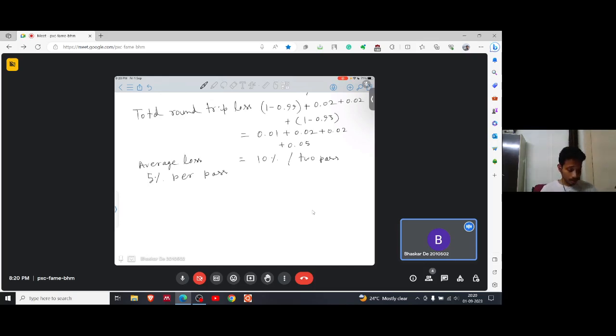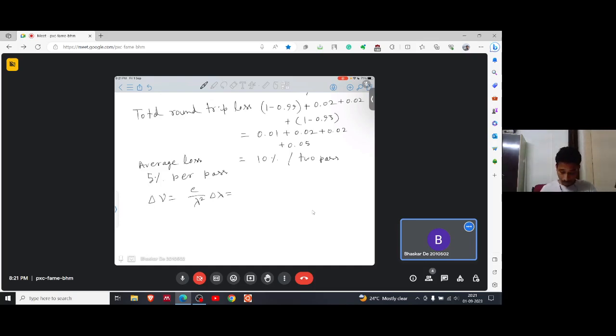So average loss in the cavity is 5% per pass. Now the gain only exceeds the losses over a bandwidth equivalent to the FWHM of the emission line. So here the emission line width is delta nu equal to C by lambda square delta lambda.